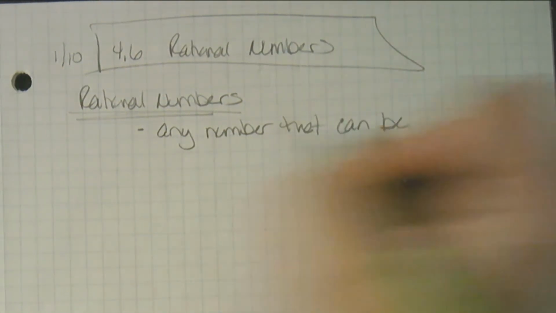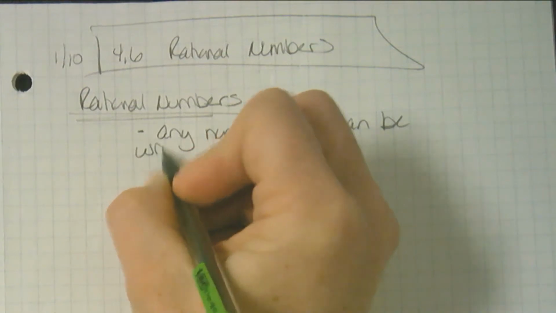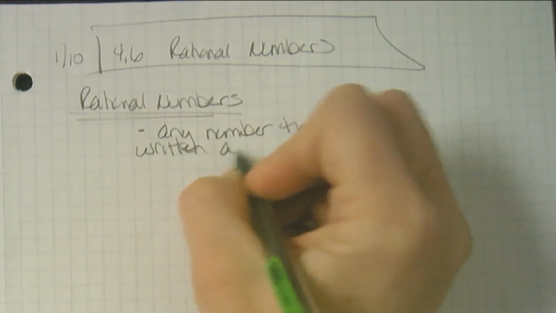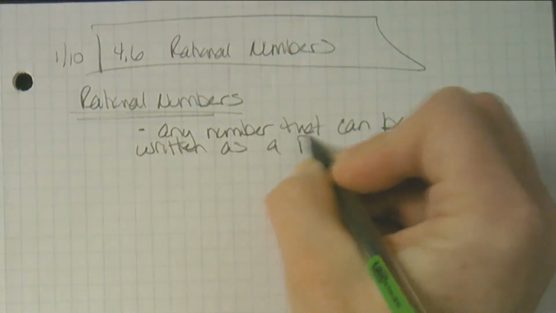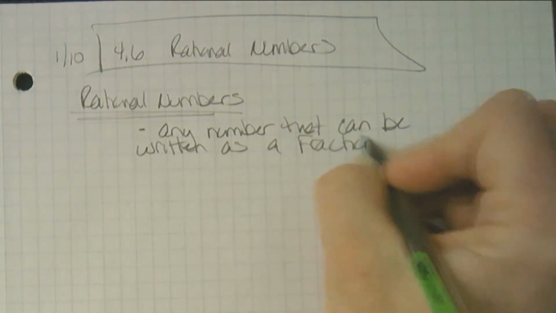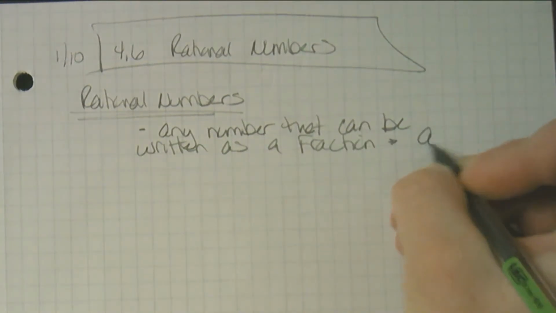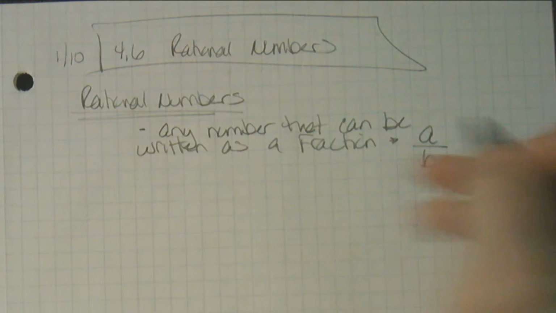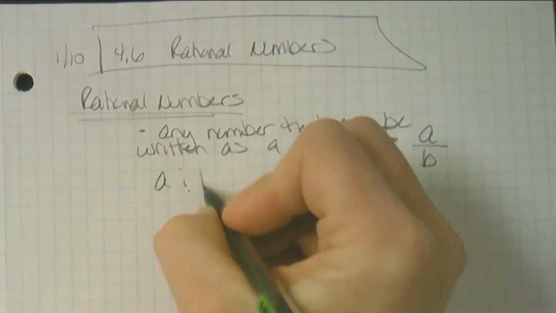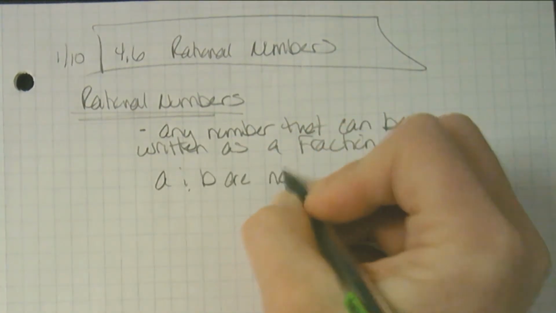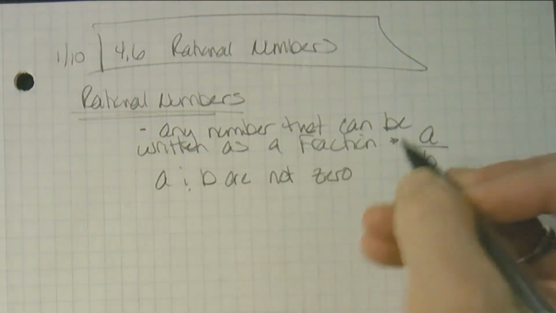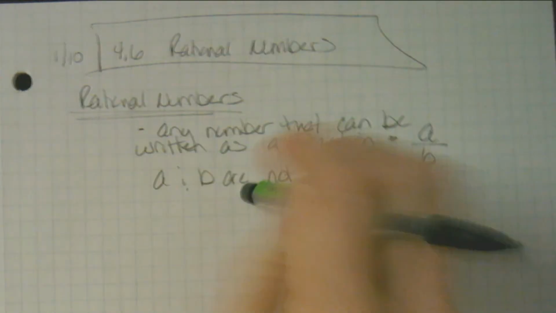that can be written as a fraction, A over B, where A and B are not 0. Well, actually, B is not 0.